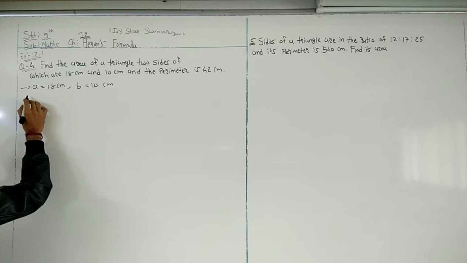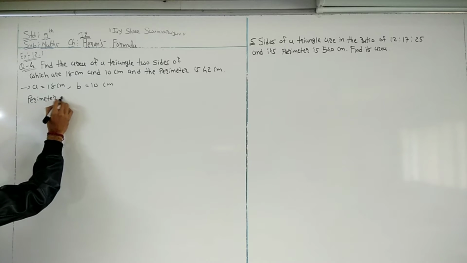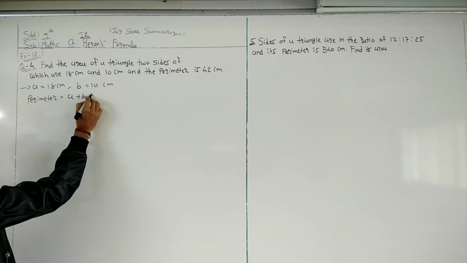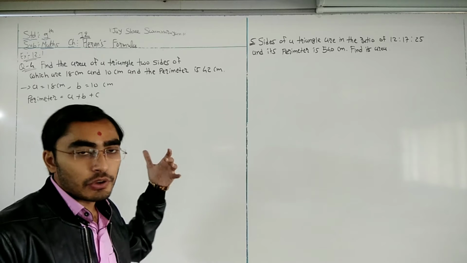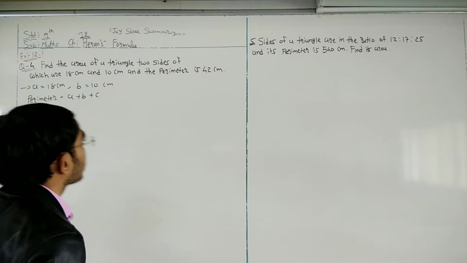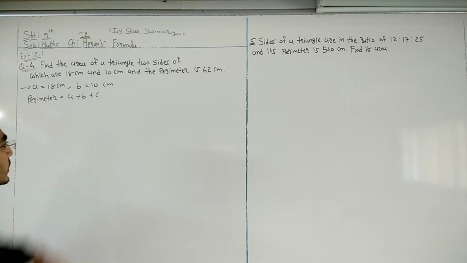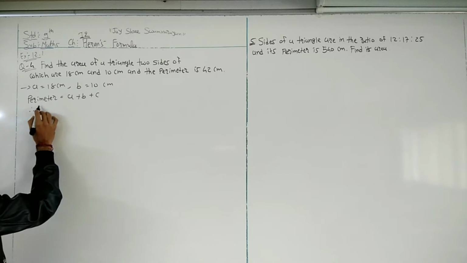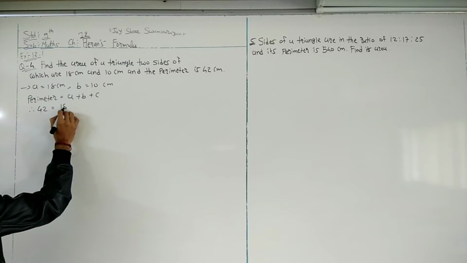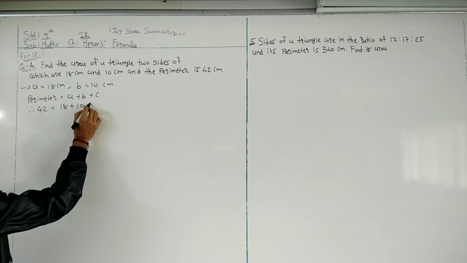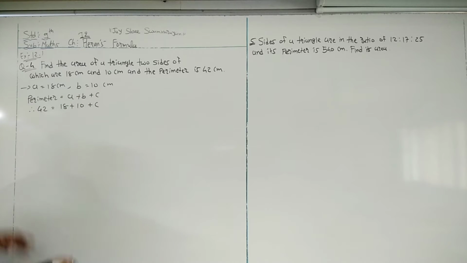Now perimeter is equal to A plus B plus C, right? Sum of all the sides is our perimeter. Now perimeter is 42. So 42 is equal to A 18 plus B 10 plus C that we need to find.